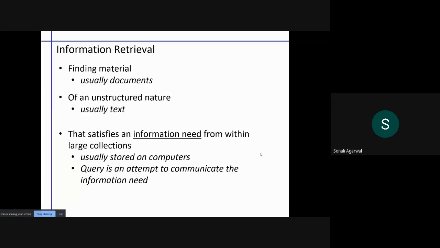So I'm starting with the very basic thing. As you are already aware, we see IR as a task where we are trying to find some materials. Basically it is a kind of document searching, in very vague terms. And most of the time the repositories are too wide, basically unlimited.